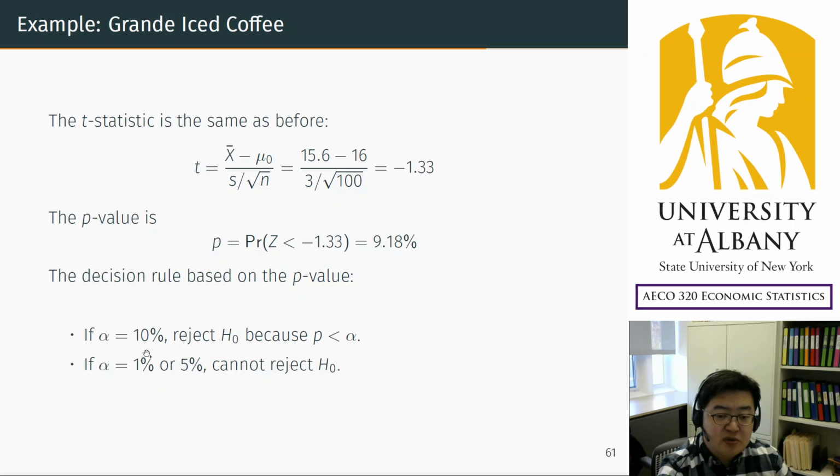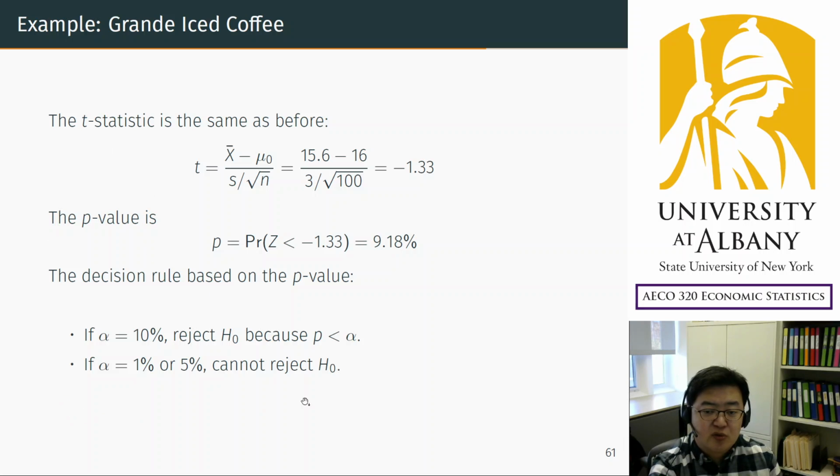At a significance level of 10% you reject, because you reject if the p-value is smaller than the significance level. So in this case, the p-value is smaller than the significance level if it was 10%. Otherwise, if the significance level was 1% or 5%, then the p-value is greater, so you cannot reject the null hypothesis.